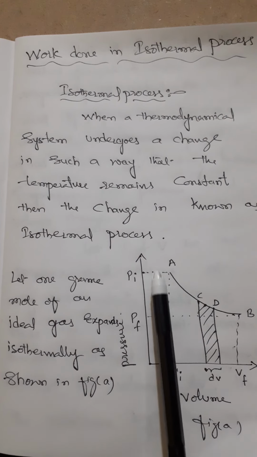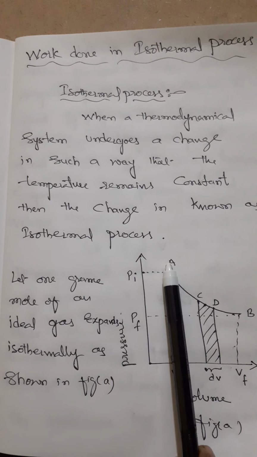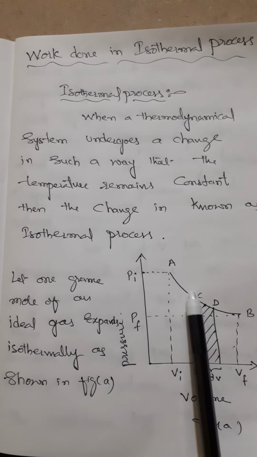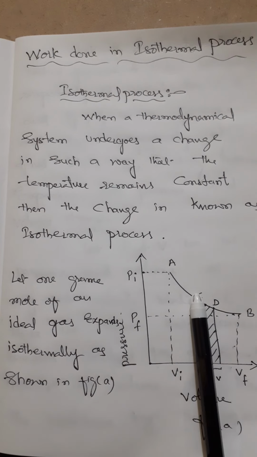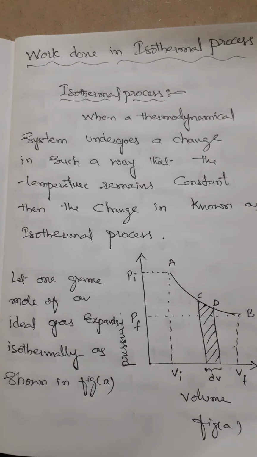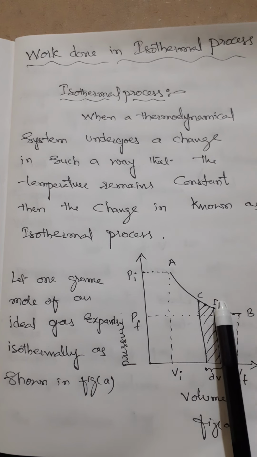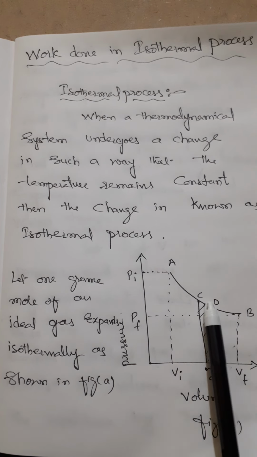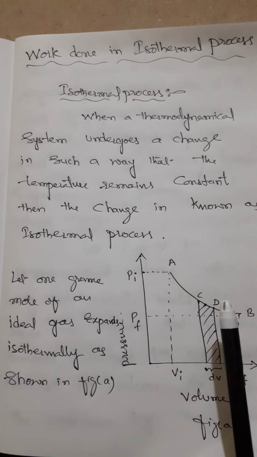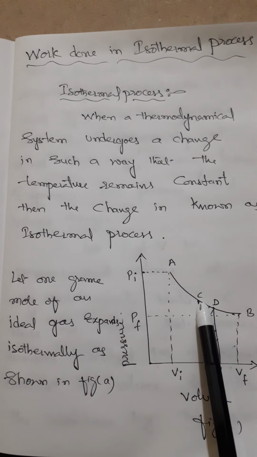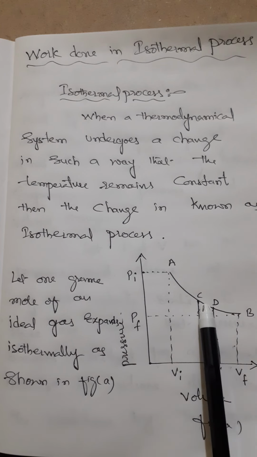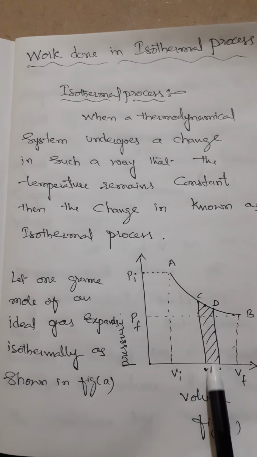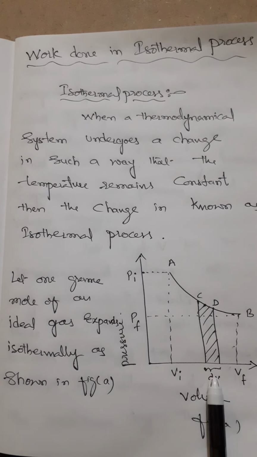Now we have to calculate the work done from A to B. To calculate the whole work done, in physics first of all we have to consider a small work done or small volume. For that purpose we take a small element C to D. When the gas expands from C to D, the pressure and temperature both remain constant, and for this small element dV we calculate the work done first.